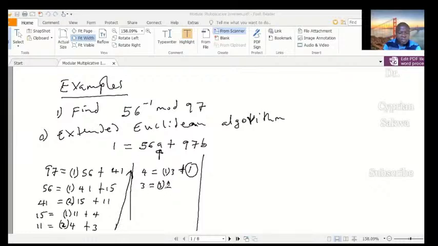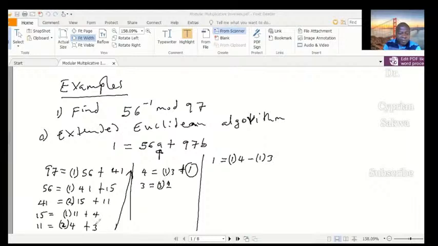Substitute going up. So we want to reverse this equation. The first equation here means 1 is equal to 4 minus 1 multiplied by 3. Let me just put a 1 there because I can see the coefficient there is 1. So 1 equals 4 minus this. Now let's substitute 3.